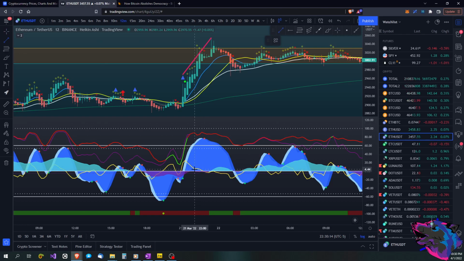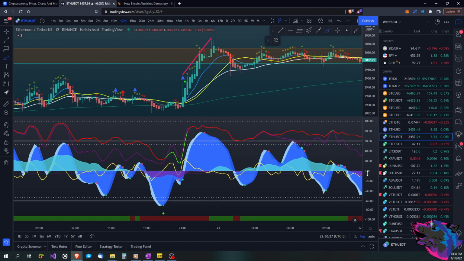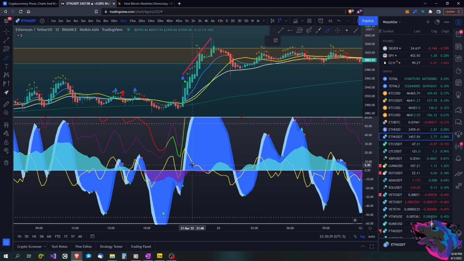But price is going up. It's a little bit more sketchy on this one, but if you're watching the oscillations, you have that bottom and that bottom, not to mention you're just overall trending down.